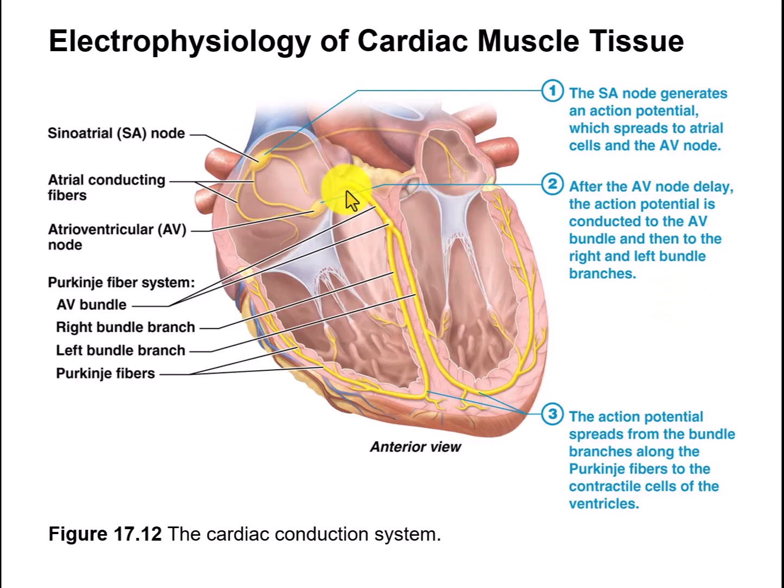Following behind, we have repolarization of the atria, so they are going into diastole as the ventricles go into systole. And so that is the makeup of the conducting system of the heart and how it causes our heart to beat, alternating between diastole and systole.